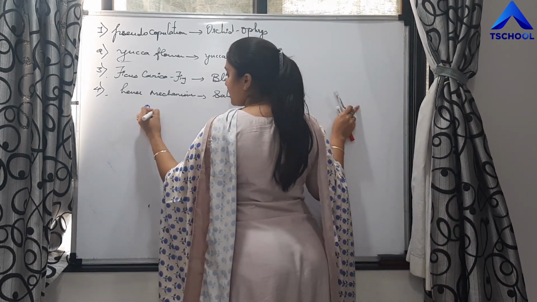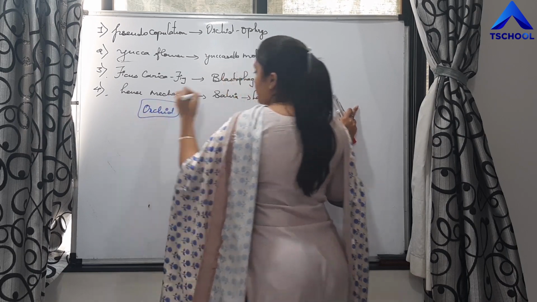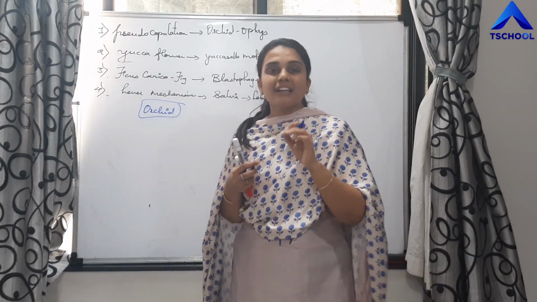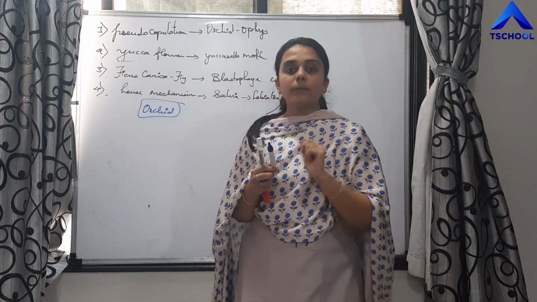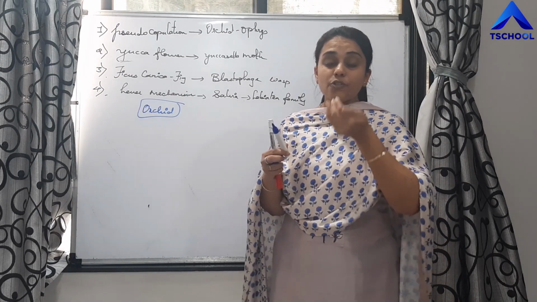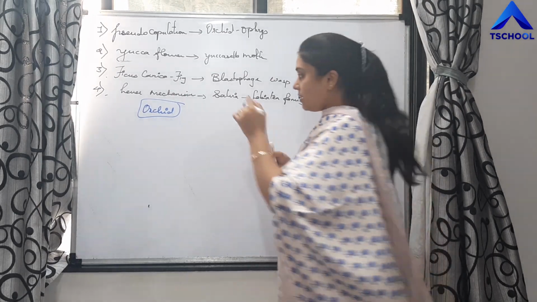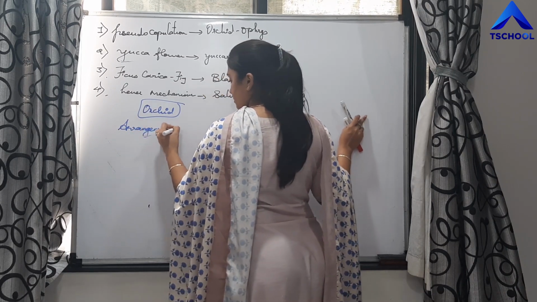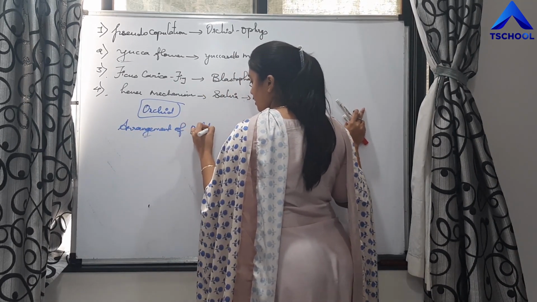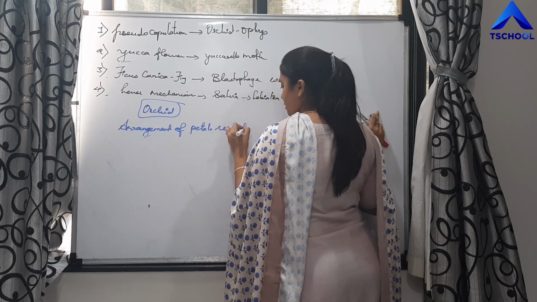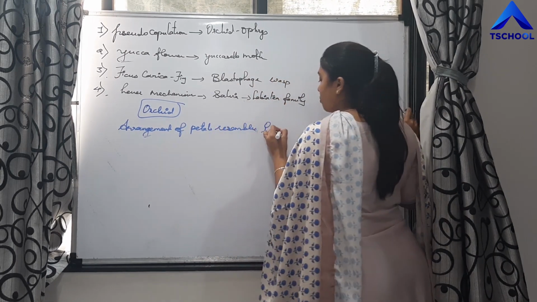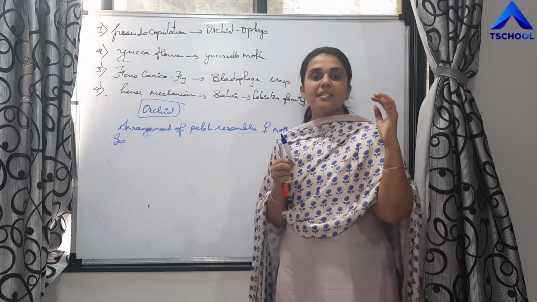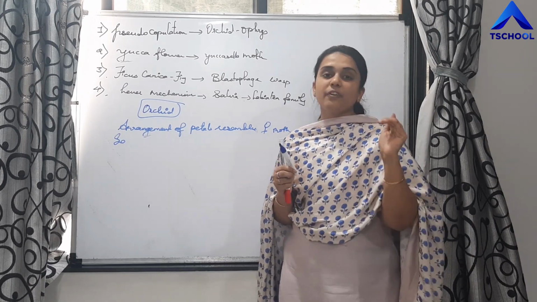Right? So orchid is a flower. It is called ophrys. The structure of the flower is as such. The arrangement of the petals is such that it resembles the female moth. Right, the petals are placed such that it looks like a female moth.